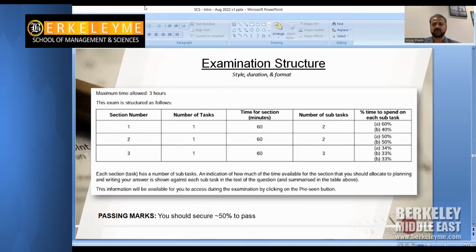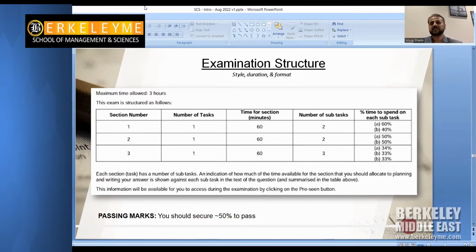As the percentage is higher, we need to write more. So 60% means more points, 40% means fewer points. Section 2 is 1 task, 60 minutes, 2 subtasks, meaning 2 questions, 50-50. This is the financial portion, and both questions have equal weightage, so equal writing you have to do.